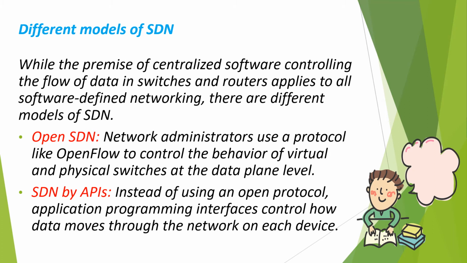In SDN by APIs, instead of using an open protocol, there will be some APIs which will be controlling how data moves through the network on each device. So basically the controller will communicate with those APIs, and the decision regarding the route of the data on the network will be taken by the APIs. So that is the second type of SDN network, which is known as SDN by APIs.